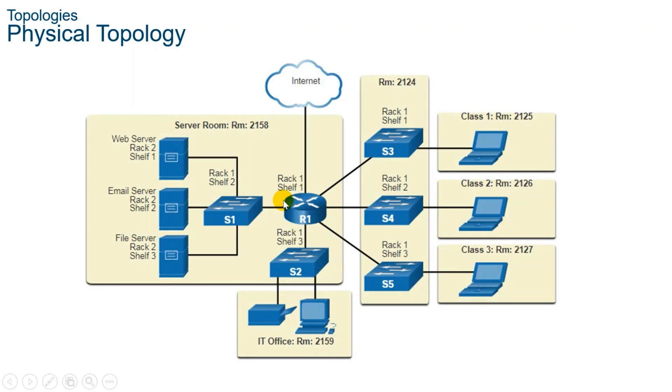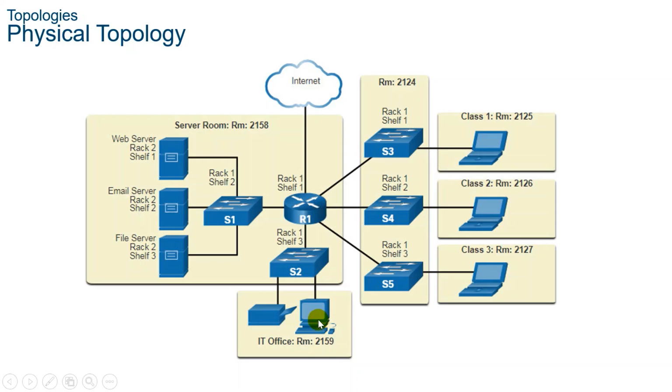Now I have here a diagram of a physical topology. The figure displays a sample physical topology for a small network. The physical network topology shows 6 rooms. You have here the server room at 2158, room 2124, 2125, 2126, 2127, and 2159.